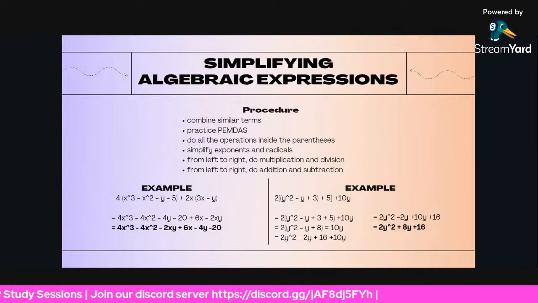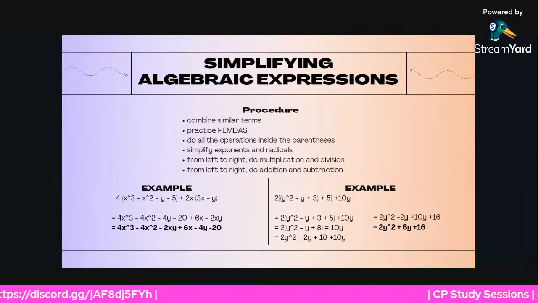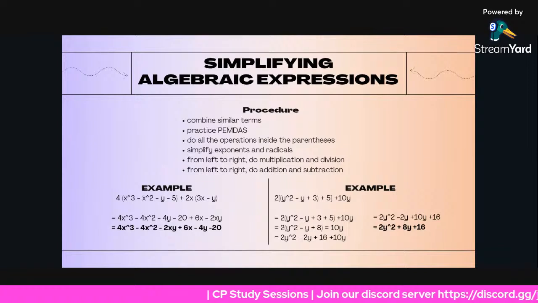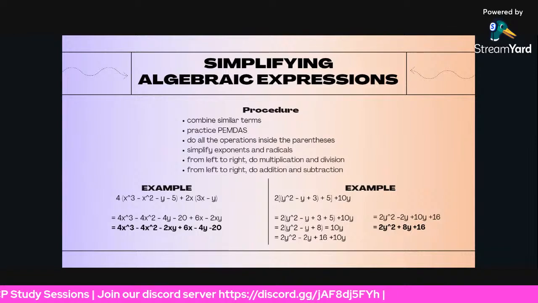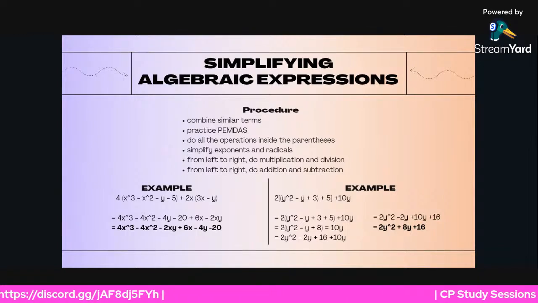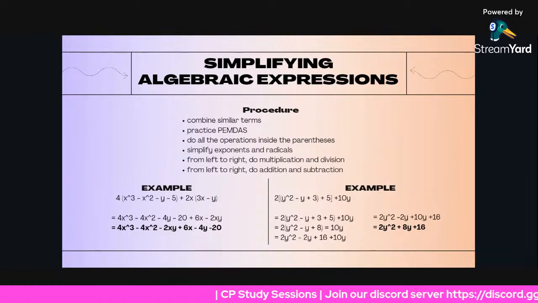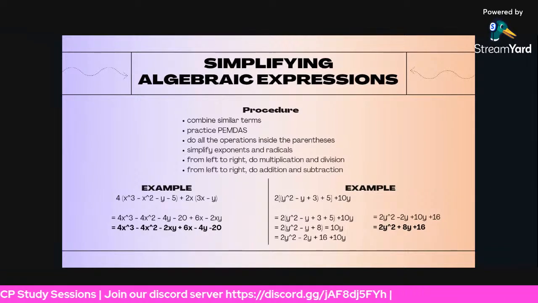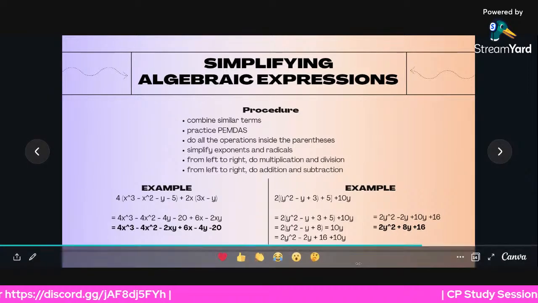So far, wala pa naman tayong na-encounter na radicals. Pero in the future, most likely meron na tayong makikita na kailangan yung mag-determine ng square root. Then next, from left to right, do multiplication and division. Then after nun, from left to right, do addition and subtraction. So kapag nagsosolve tayo, lagi niyong tatandaan, bukod sa kailangan is i-practice natin ng PEMDAS, kailangan din mag-solve tayo from left to right.